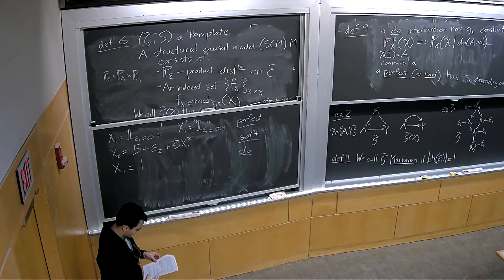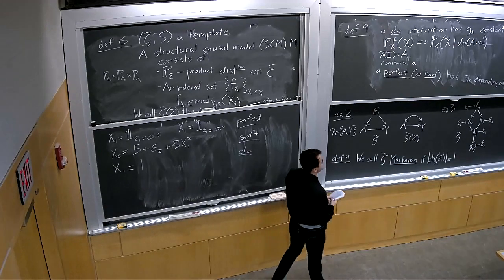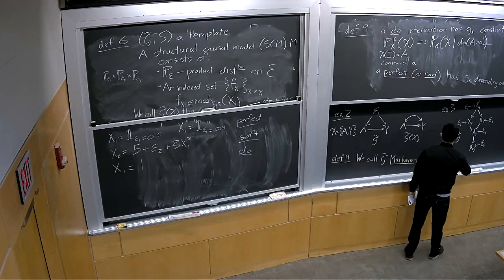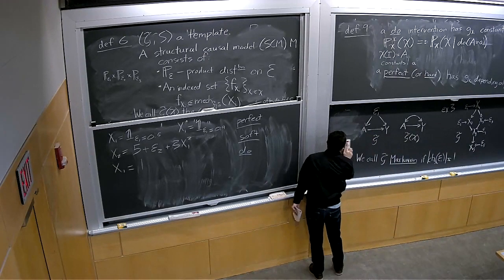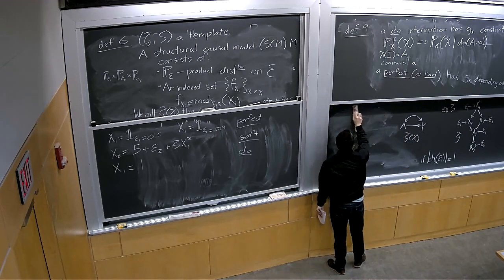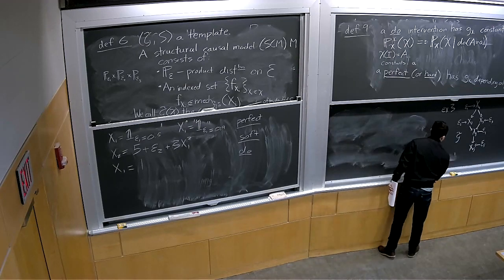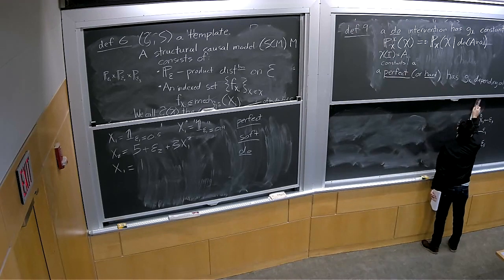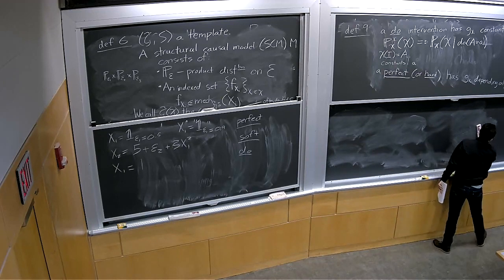Okay. Now I'm going to do something that's a little weird, but it's going to help us a lot with some of the proofs that we're going to be working on Thursday. So I've defined what it means to take a structural causal model and take an intervention and get out a new structural causal model that we call the interventional structural causal model.